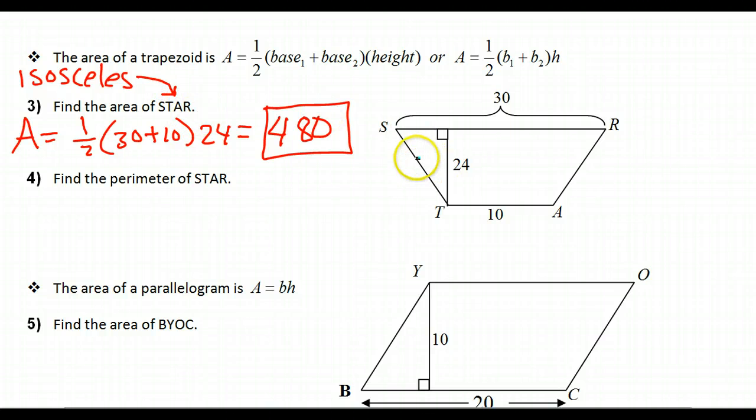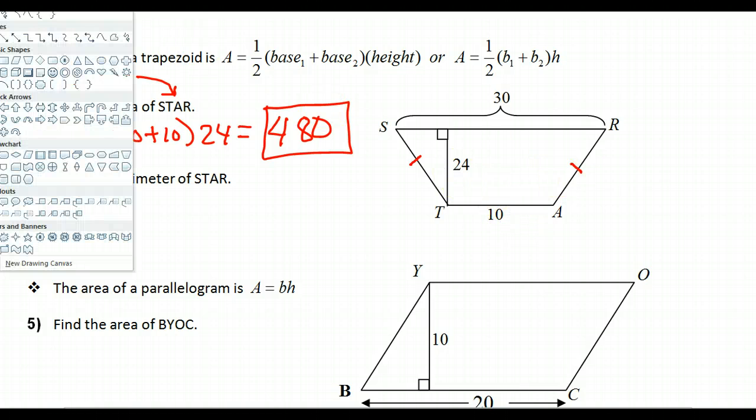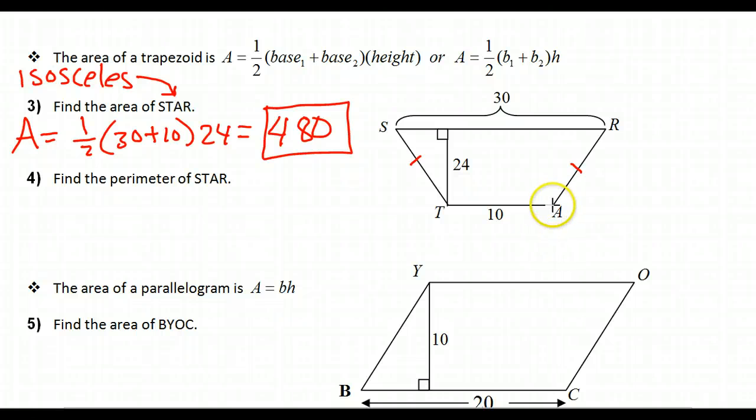This is isosceles, so ST and AR will be the same. Now with that in mind, we need to be ready to do the Pythagorean theorem.